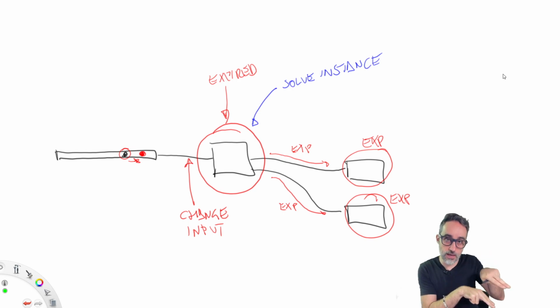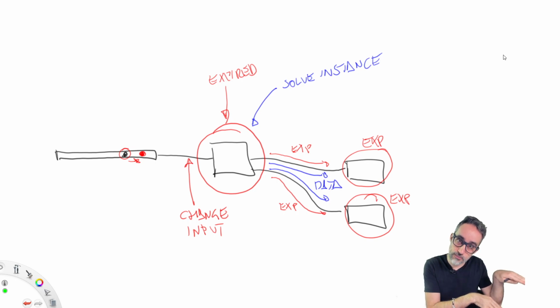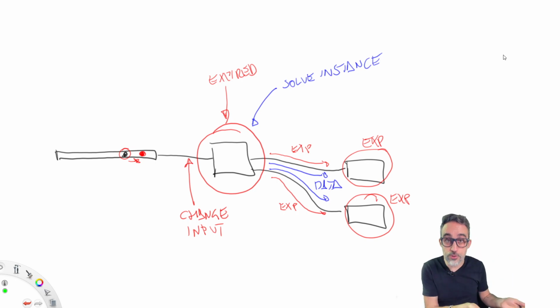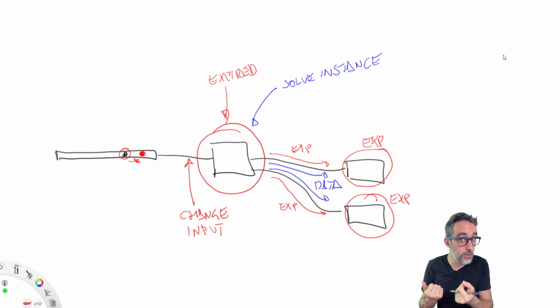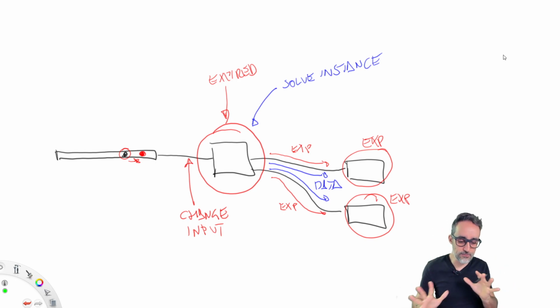And then those values that are assigned to the outputs will then flow down the stream into the other components, which are also expired and are also flagged to take new inputs, recompute them, create new outputs, etc., etc., right? So this is roughly how things work.